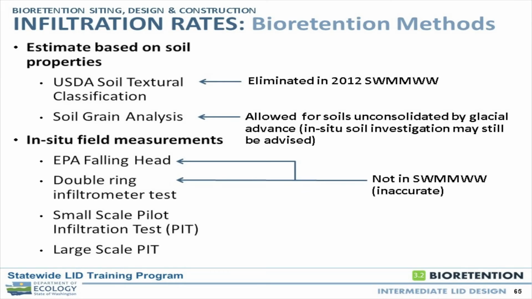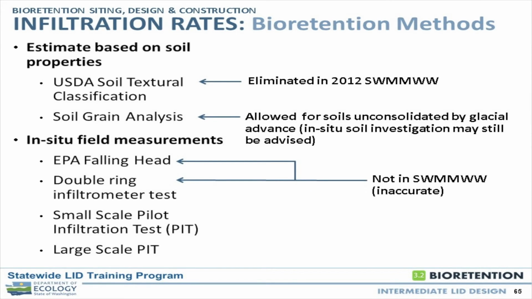So some of you may know, as the manuals have evolved over the past few years, there's been a historic use of even USDA textural classification. So we'd go out there, we'd run our sieves, we would get a textural classification, we would say, okay, it's sandy loam, and then you would just develop a rate based on that textural analysis.